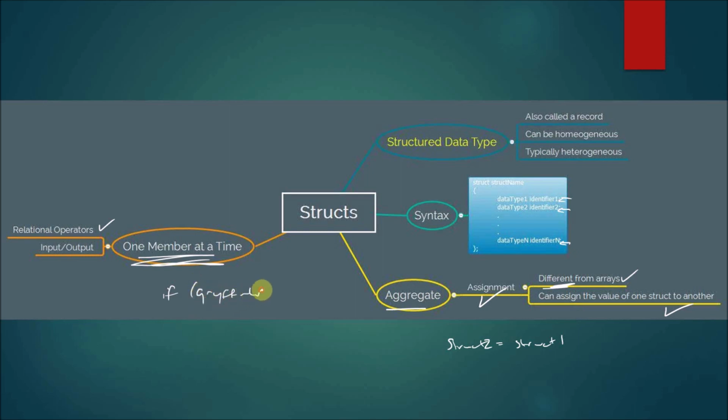In regards to relational operators, for instance, let's say Gryffindor dot name, for the name of a student in Gryffindor's house, is equal to new wizard dot name, then something.